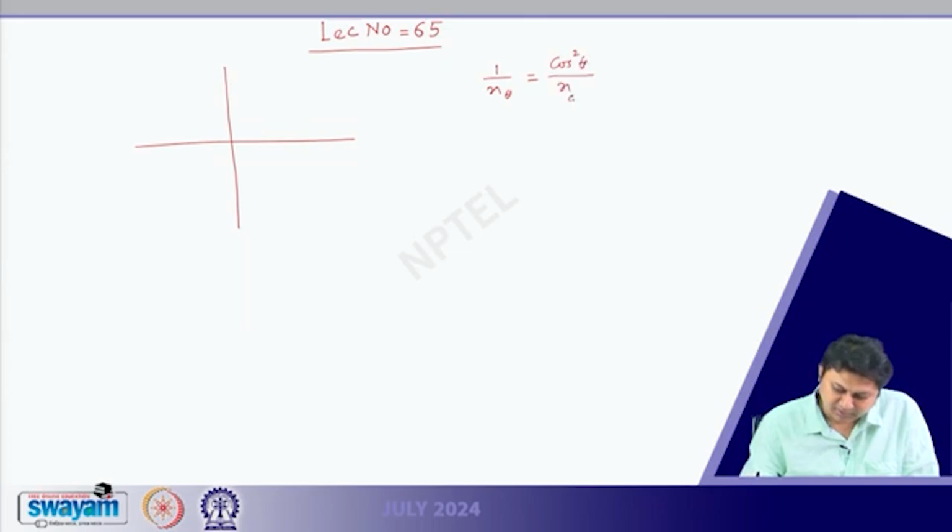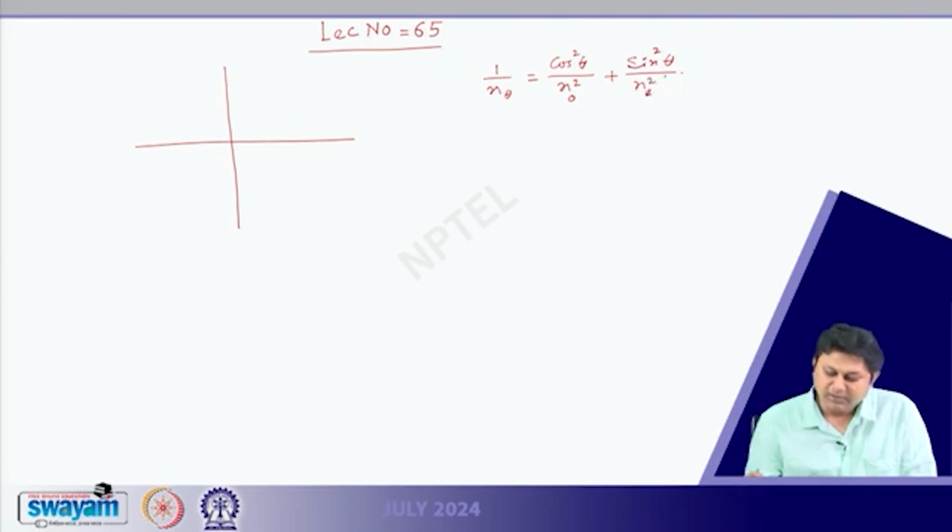Cos squared theta divided by n o square, O for ordinary light, plus sin squared theta divided by n e square, E stands for extraordinary light.